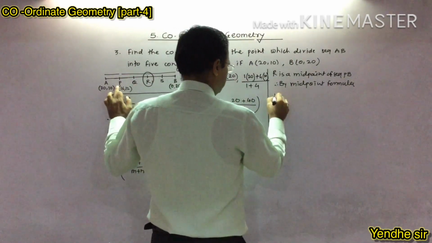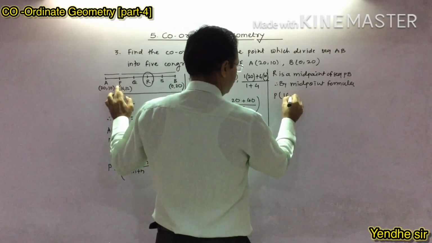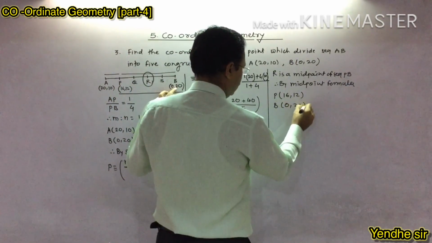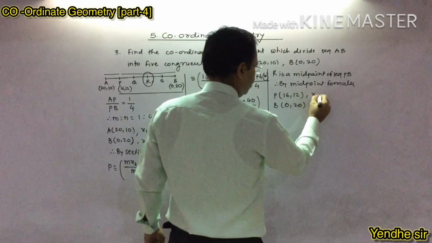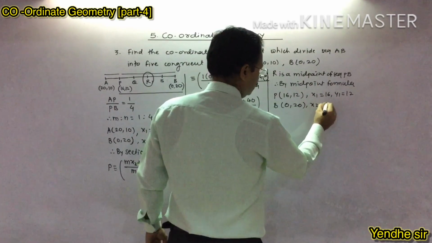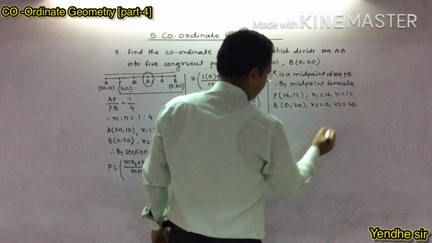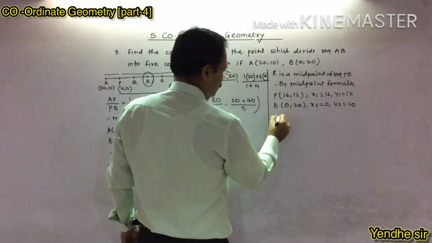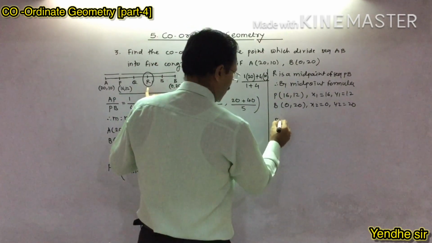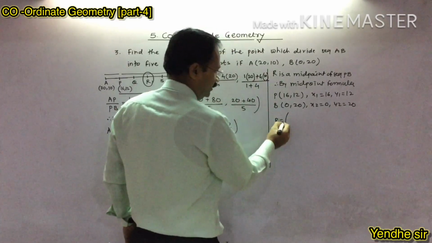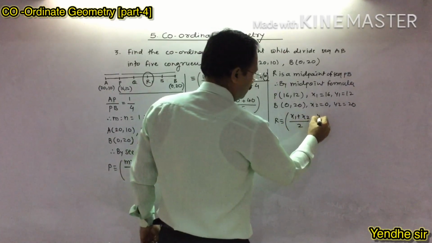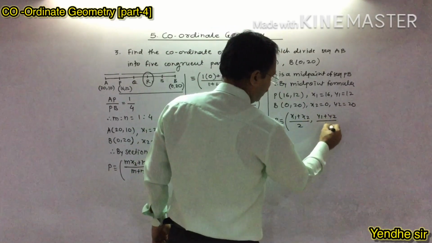Which coordinates are given? P's coordinates are 16 and 12. B's coordinates are 0 and 20. x1 equals 16, y1 equals 12, x2 equals 0, y2 equals 20. Therefore, by the midpoint formula, you will get the coordinates of R. R's coordinates are (x1 plus x2) divided by 2, (y1 plus y2) divided by 2.